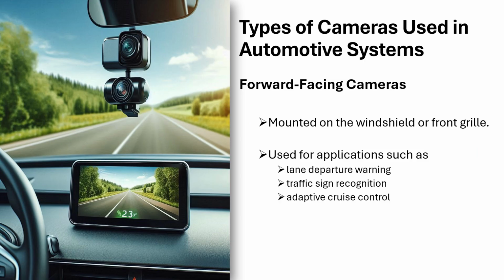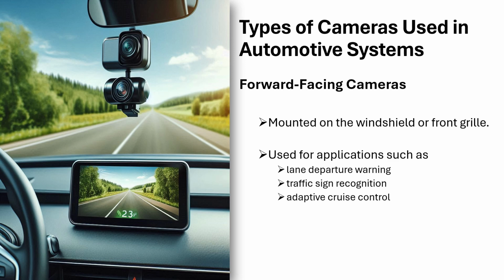Let's look at the types of camera used in automotive systems. First is forward facing cameras, which are mounted on the windshield or front grille, used for applications such as lane departure warning, traffic sign recognition, and adaptive cruise control.